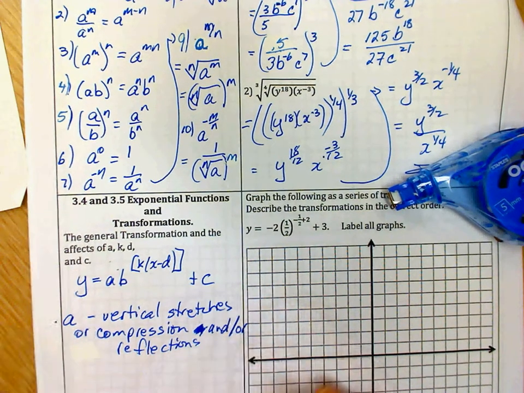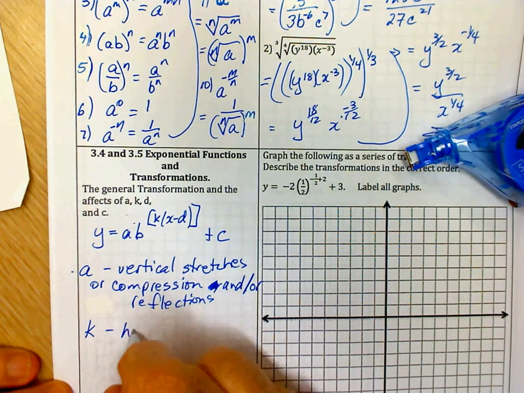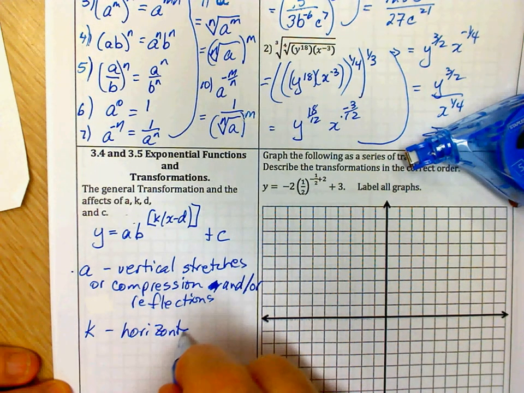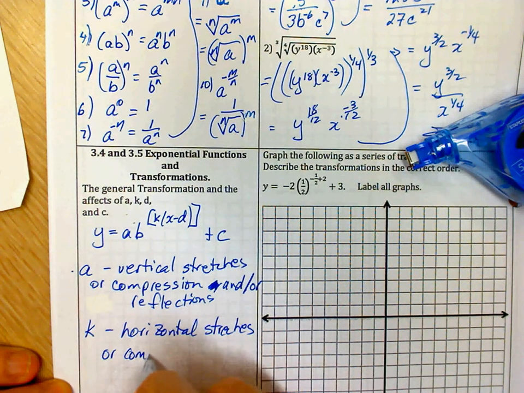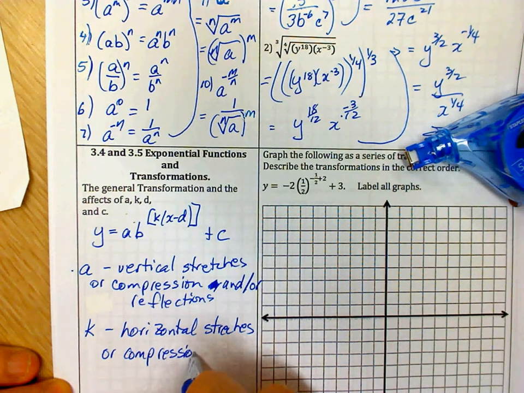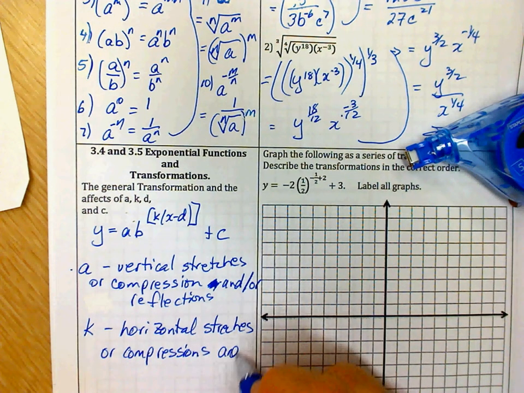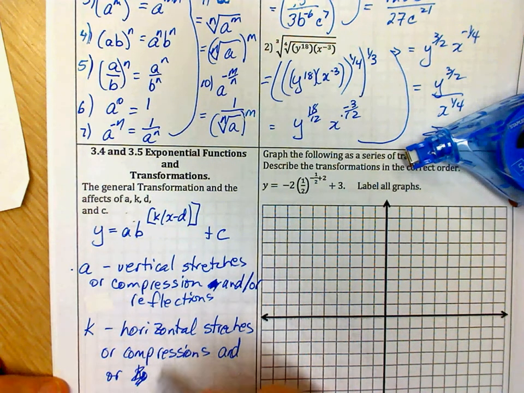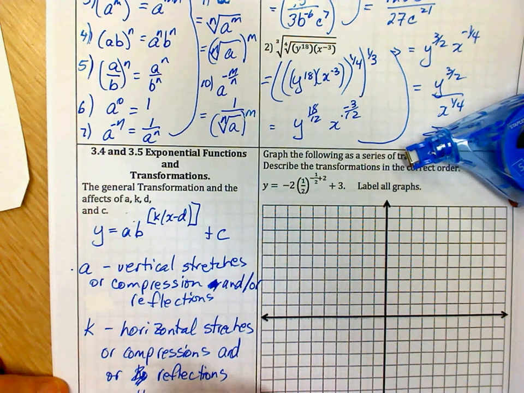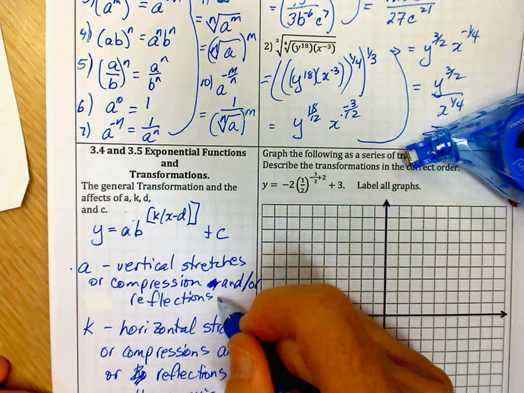Now K has to do with your horizontal stretches or compressions, and/or horizontal reflections, or reflections over the y-axis. And this is reflections over the x-axis.